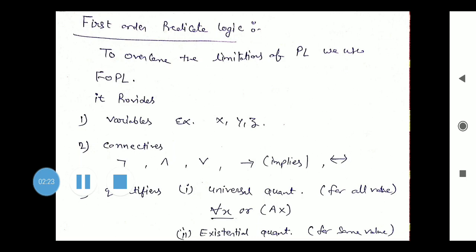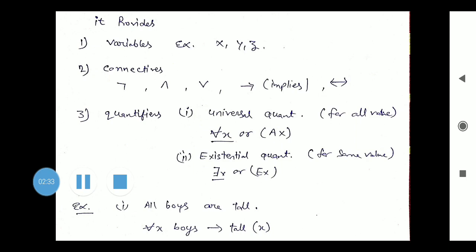It provides variables, for example x, y, z, connectives, not, and, or, implies or double implies, quantifiers, universal quantifier and existential quantifier. Universal quantifier is represented by for all x, and existential quantifier for some value by there exists x.